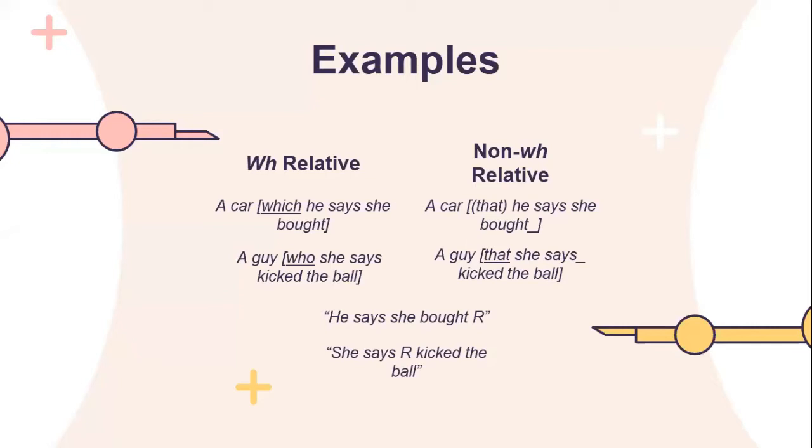Okay, as we can see here, the example, "a car which he says she bought." So "which he says she bought" is the relative clause, also serving as the content clause. If we omit this clause, it is only "a car," which means it doesn't explain anything.